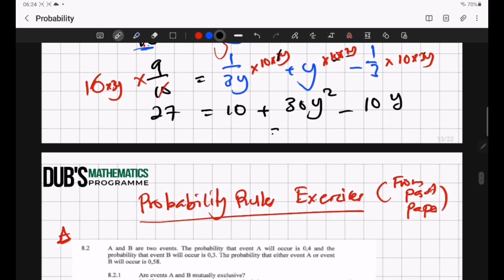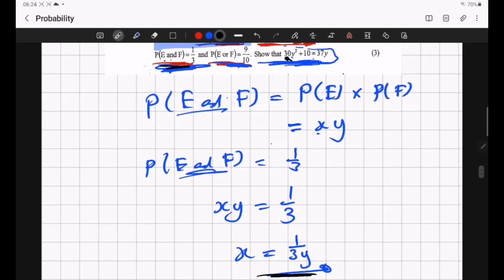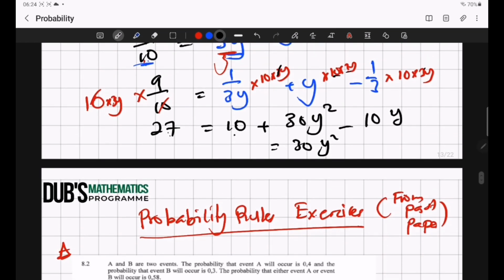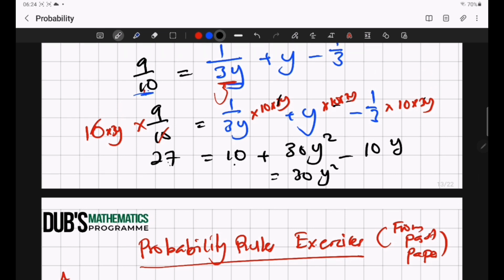So we've got 30Y squared here, and then oh no, this was 27Y, this one, because 10 and 10 cancel, and what we're left with is 3Y times 9.